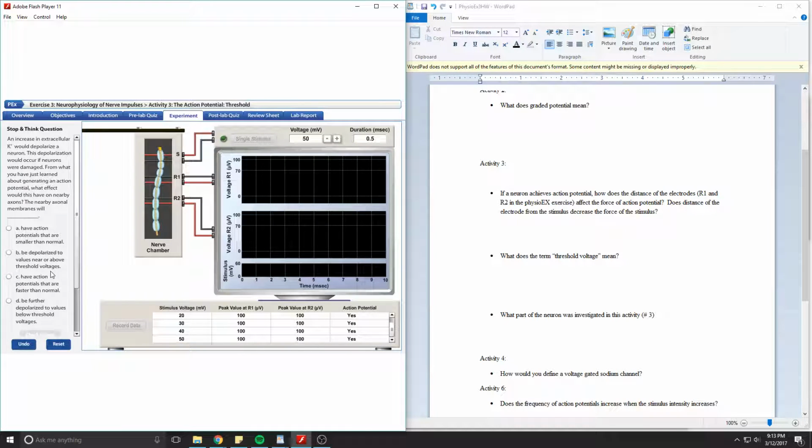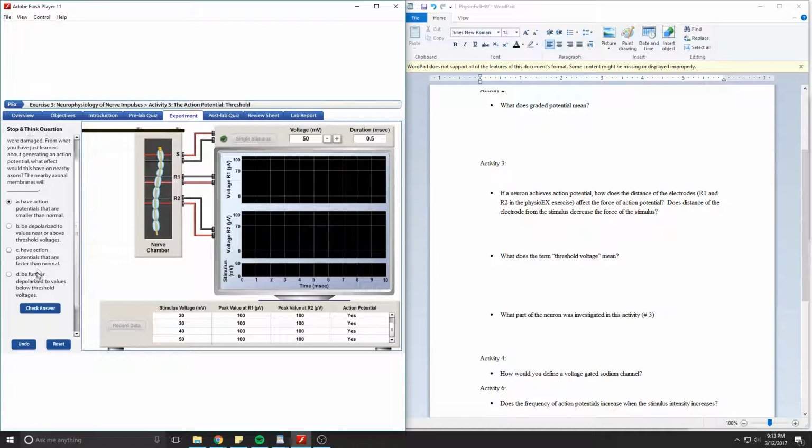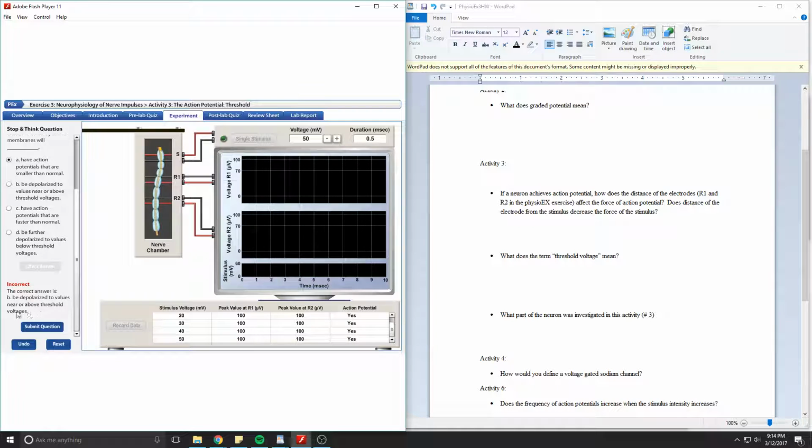Okay, my first guess is smaller. Be depolarized to values near or above threshold voltages. I don't think that's it. Have action potentials that are faster than normal. That's definitely not true. Be further depolarized. Okay, I'm going to go with the first one. Incorrect. So it's B: be depolarized to values near or above threshold voltages. Okay.